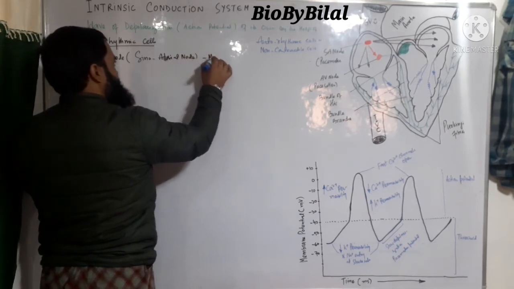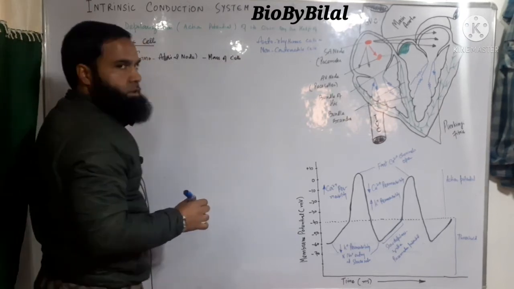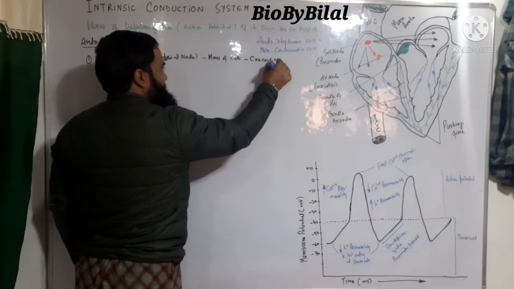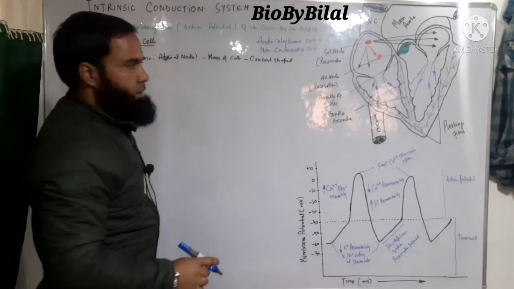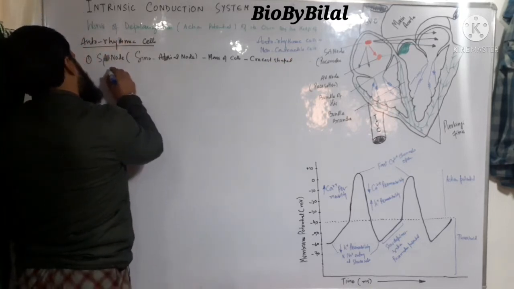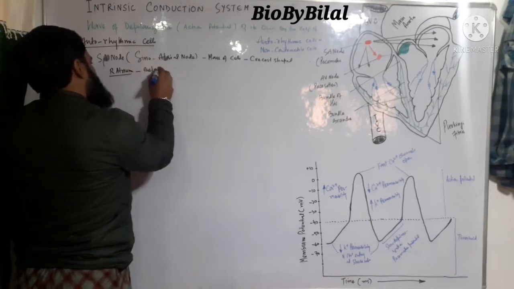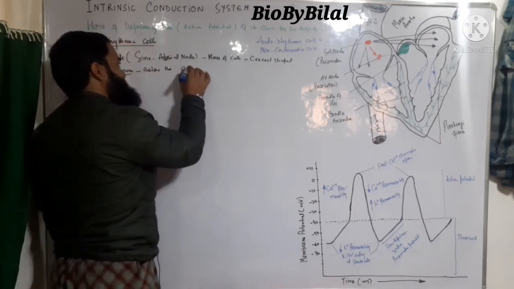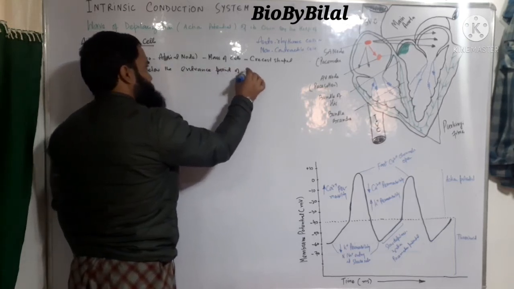The mass of cardiac cells or the autorhythmic cells having mammoth function have a crescent shaped structure which is found in the right atrium below the entrance point of superior vena cava.